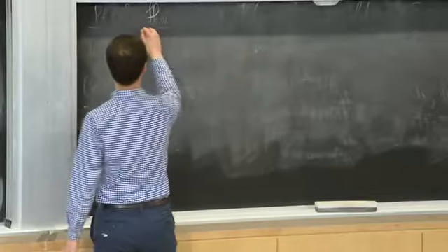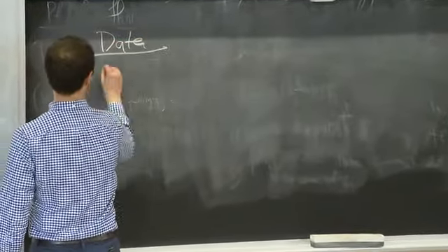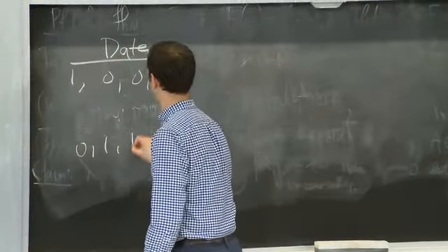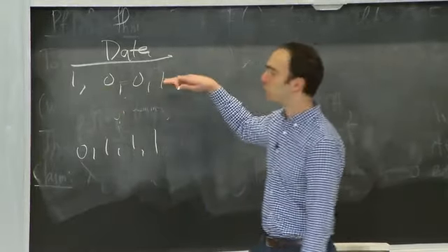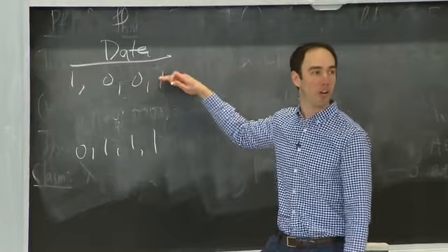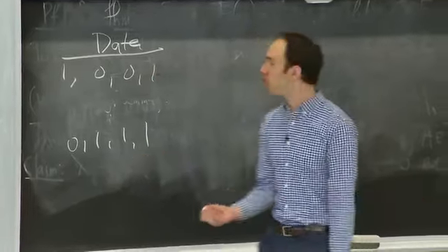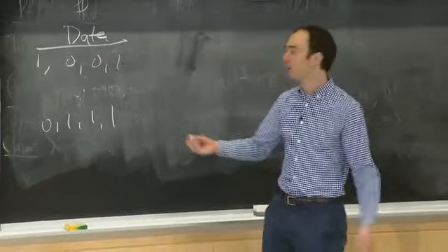You have data of the following nature: 1, 0, 0, 1, dot, dot, dot. Here there are 4 random variables. I'm showing the realizations of those 4 binary variables, 1 per row, and you have a data set like this. I thought causal inference had to do with taking data like this and trying to figure out the underlying Bayesian network that created that data.